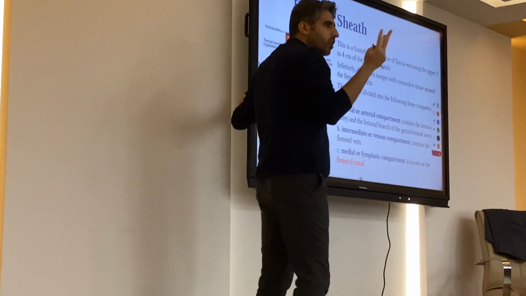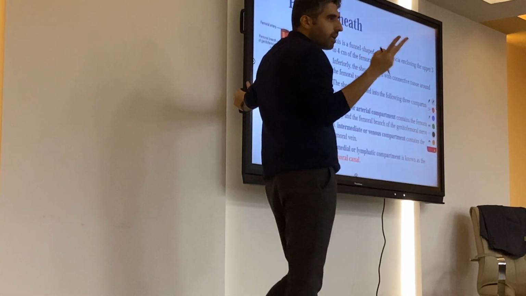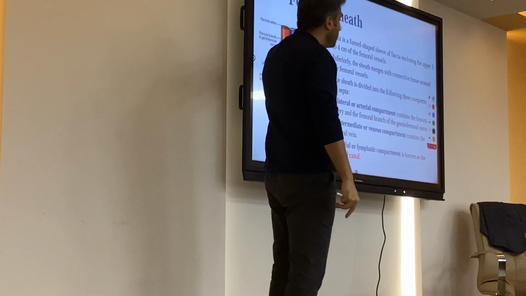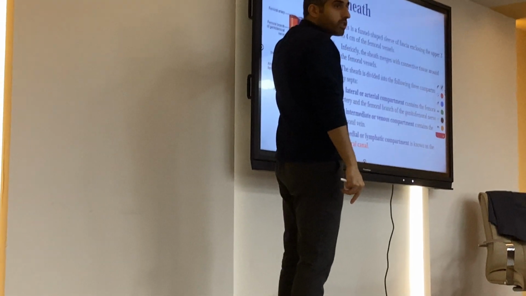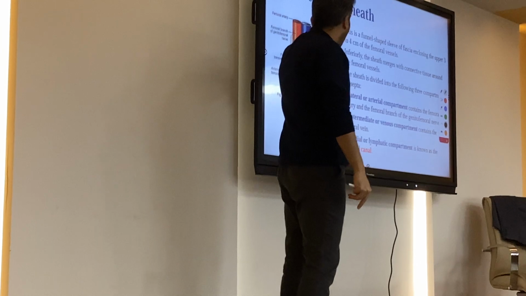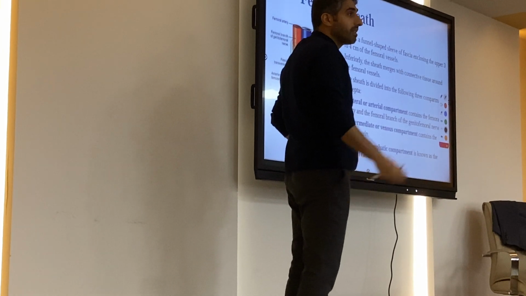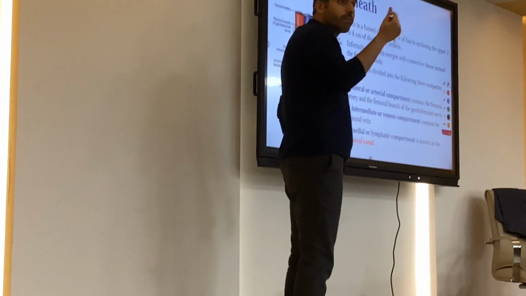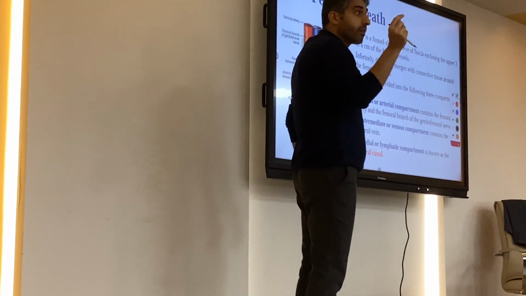So we have three structures in the femoral sheath. Lateral side of the femoral sheath, femoral artery. Middle part, femoral vein. And medial side, you can see the femoral canal, for the lymph nodes.